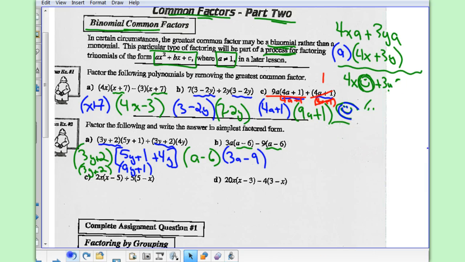In the final answer, they do something, and if you look at this factor here, there is a common factor of 3 in those two terms. So equals, the a minus 6 stays the same, but that second factor, the blue one, I can take a 3 out and I'd be left with 3 times a minus 3, okay?